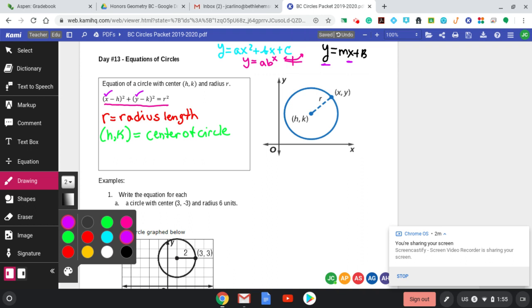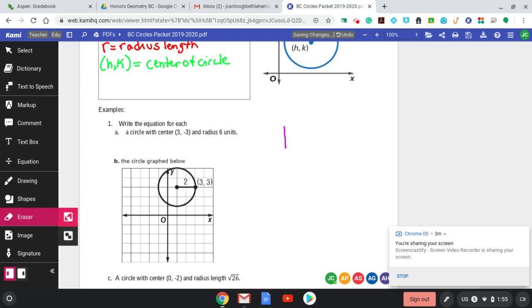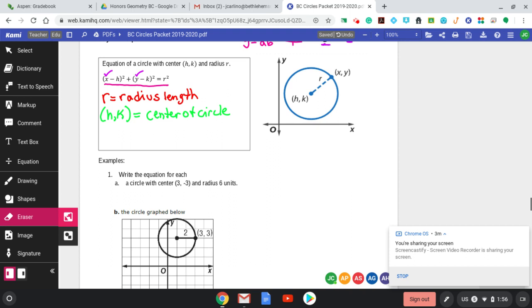So let's get a little practice here, just basic practice before we go honors level. Can you write me the equation of a circle with a center at 3, -3, and a radius of 6? I've given you everything you need for this equation. Let me get that equation back up there so we can see it.